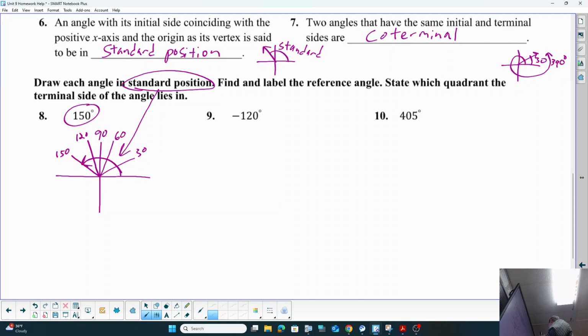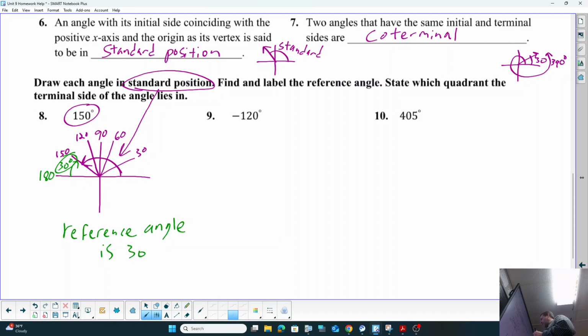And then finally label the reference angle, and say which quadrant the terminal side of the angle lies in. So the reference angle is basically the small angle to the x-axis, right? So right there, that's the reference angle. If this is 150 and this is a full half circle, 180, you would do the difference of those two. So 180 minus 150 is 30 degrees.